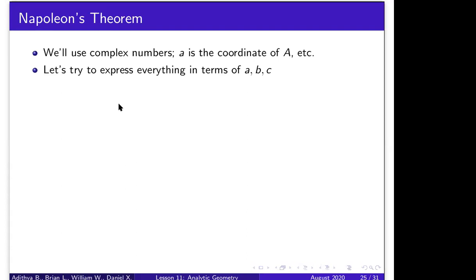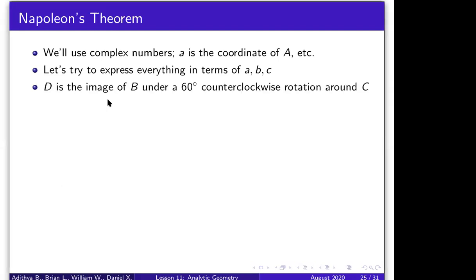Any ideas? To get D, D is outside BC. It's triangle BCD. So we can get D when we rotate the vertex B about C 60 degrees counterclockwise.